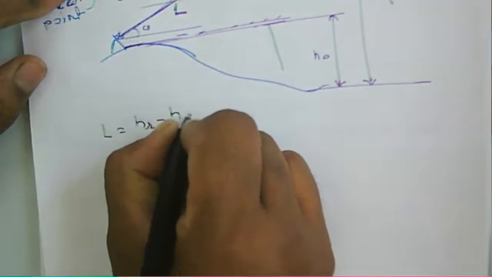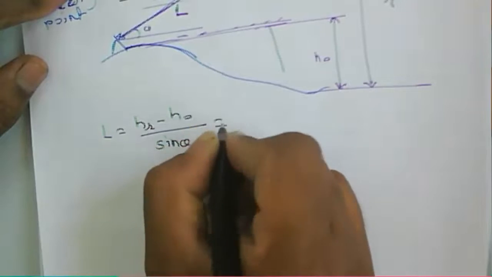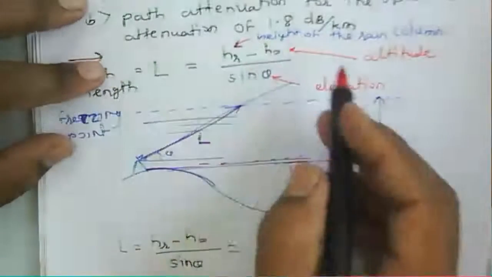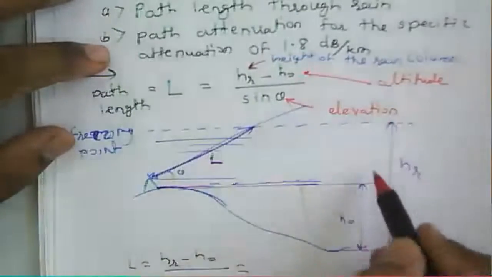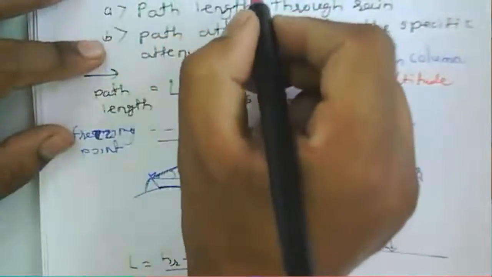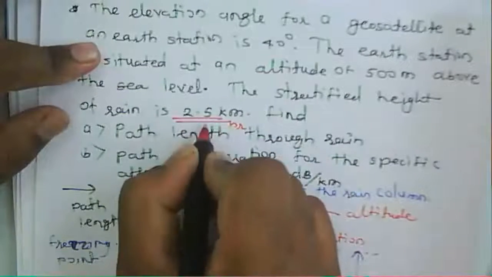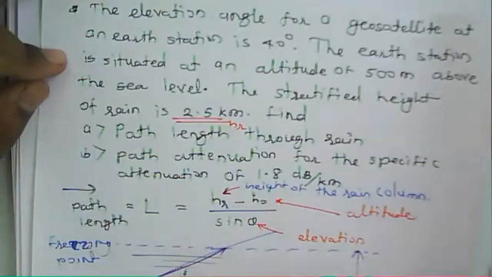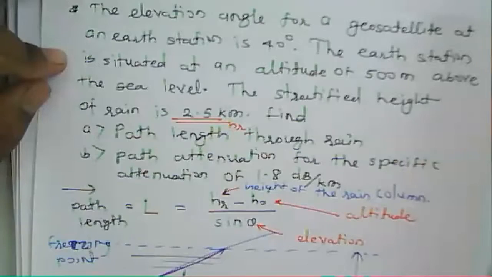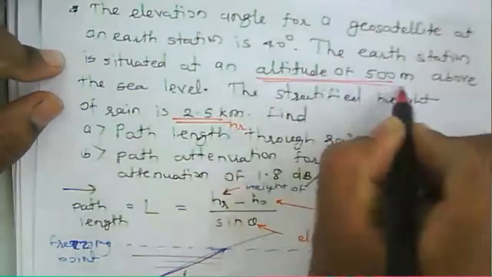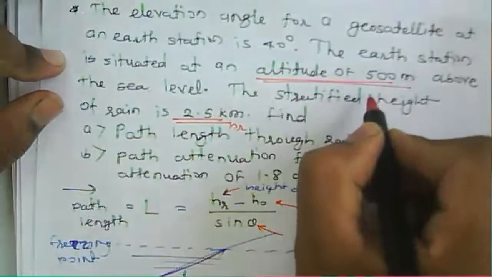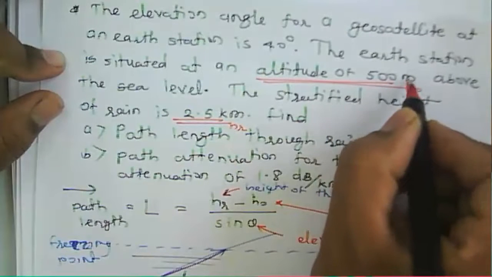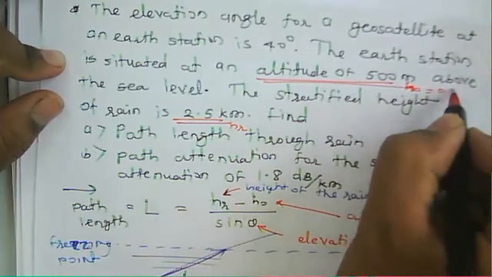L is equal to HR minus H0 divided by sine of theta. HR is the specified height of rain from the sea level, which is 2.5 kilometers. The altitude is given as 500 meters, but we need to consider height in kilometers, so H0 is equal to 0.5 kilometer.